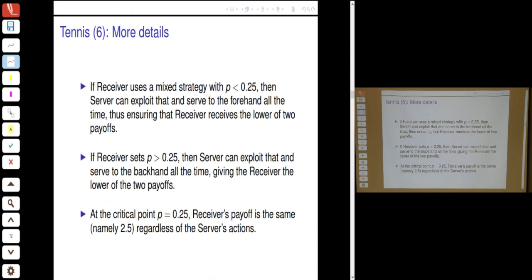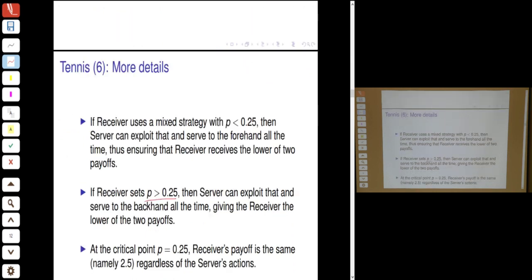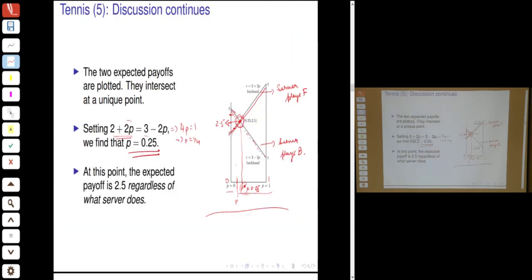On the other hand, if the receiver sets P to be bigger than 0.25, which is his mixing parameter for the choice of mixed strategy, so you are hitting forehand with probability P, which is bigger than 0.25, and backhand with probability 1 minus P. If you keep on doing it, then your opponent can observe your game and calculate the frequencies of forehand and backhand, and from there he can pretty much figure out that you are hitting forehand a fraction P of the time, and backhand with probability 1 minus P, right.